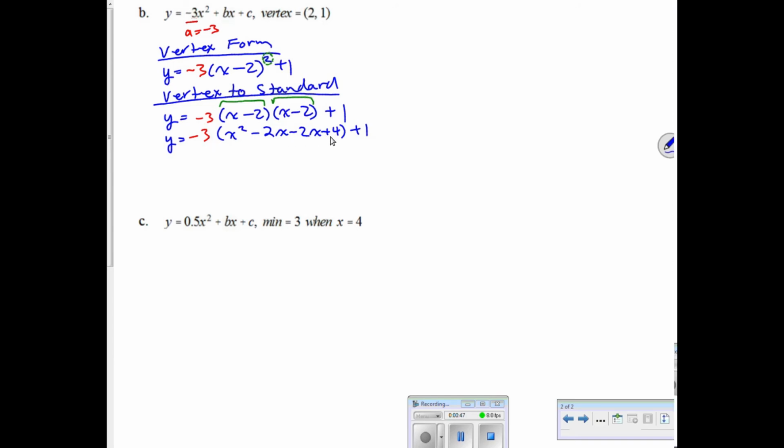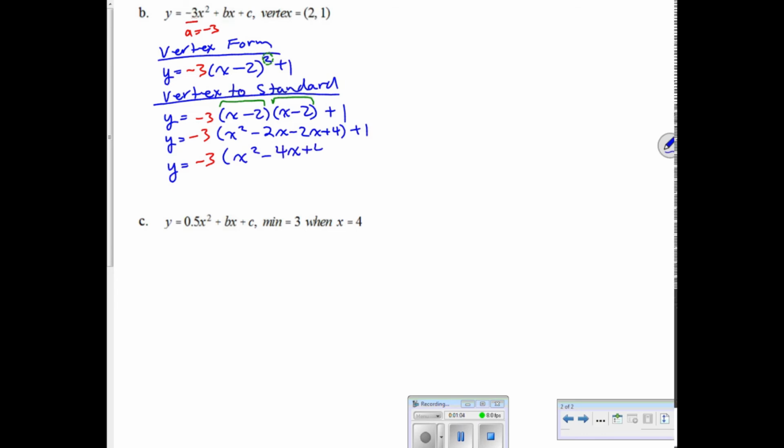We still haven't finished our work for our expansion. You'll notice I have minus 2x and minus 2x in here, so we have to simplify those by adding them together to get the following equation. You're going to get y is equal to minus 3 bracket x squared minus 4x plus 4 end bracket.